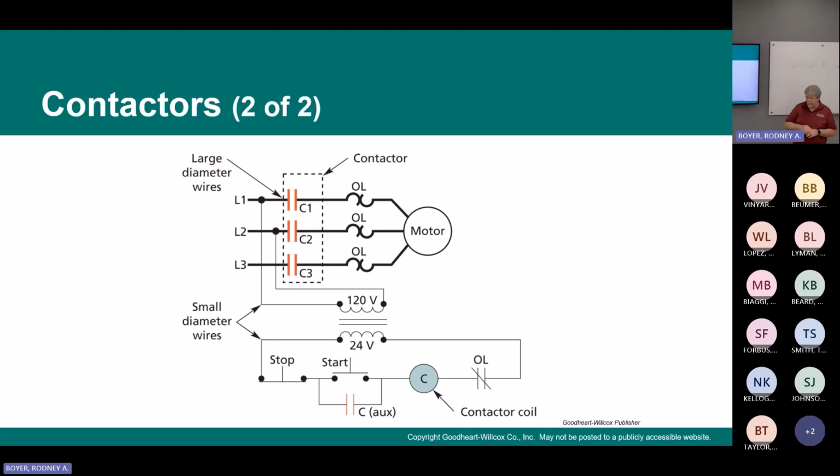That is a schematic representation of a contactor. The coil on the contactor is operated off the 24 volt signal on that drawing. And when it is energized, contacts C1, C2, and C3 close, which provides the three-phase power to your electric motor.